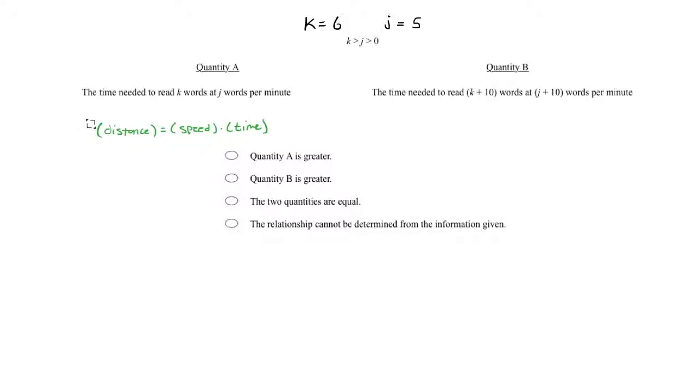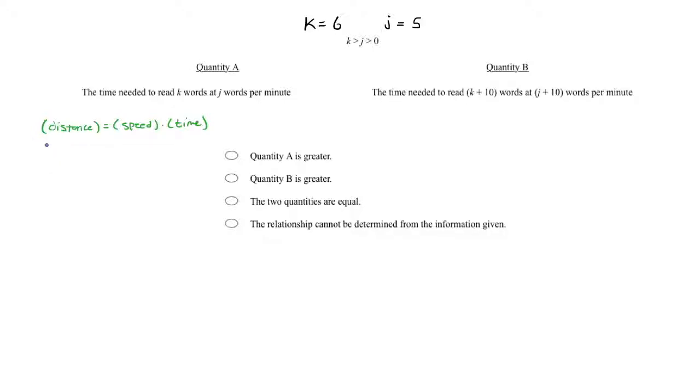I start the conversation with distance, even though this isn't a traveling problem, because there are other situations that are modeled by a very similar formula. We're talking about getting stuff done, or a machine that produces a certain amount of items in a certain amount of time, reading a certain amount of words in a certain amount of time.